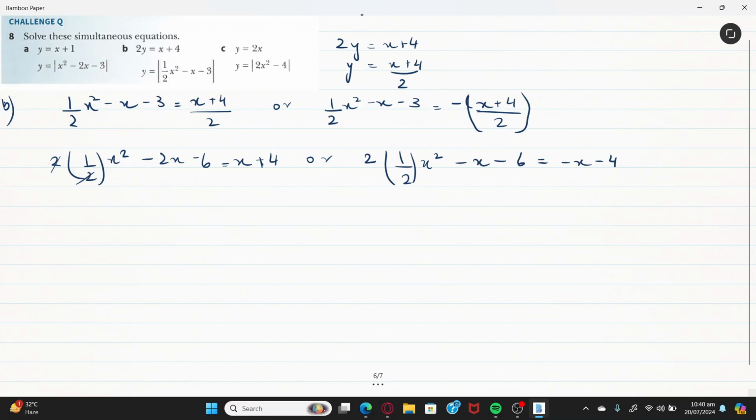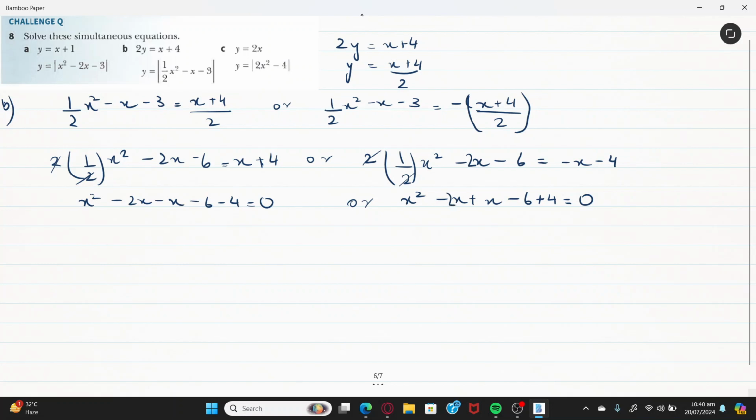So again, going to simplify this. x squared minus 2x minus x again, minus 6 minus 4 is equal to 0, or simplified, x squared plus x minus 6 plus 4 is equal to 0. Oh, by the way, this is not minus x, it's negative 2x. Sorry, I'm really sorry for this.